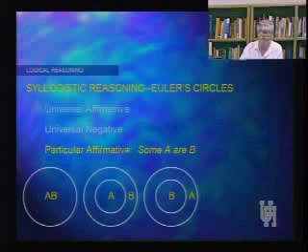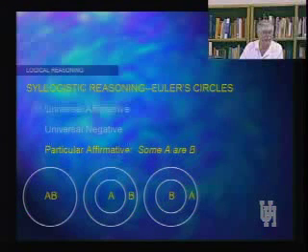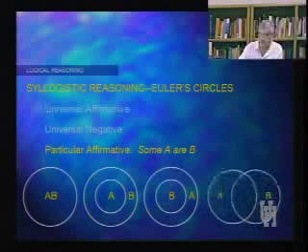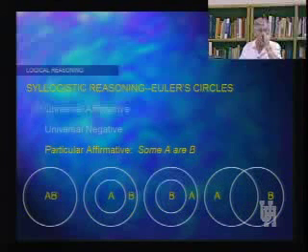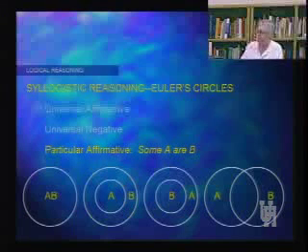"Some A are B" much more clearly means this. Well, no, not really. It depends on your definition of "some," but certainly the third diagram there is a situation where some A are B, and obviously in this case, not all A are B. And finally then, we've got the most comfortable of all, which is this, which clearly implies some A are B. Here, the reverse is true. Some B are A.